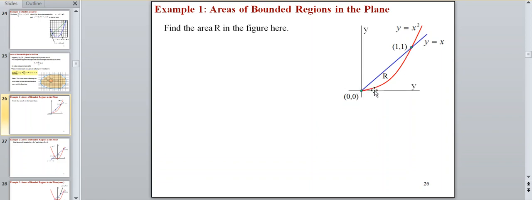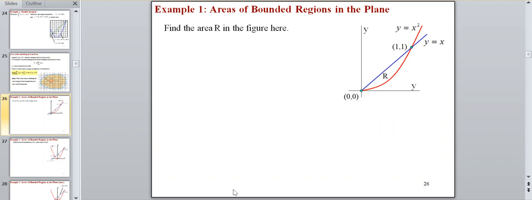So x here is 0, x here is 1. So we can say x is from 0 to 1, and y is from the parabola, which is y equals x squared, to y equals x. So y is from lower curve x squared to upper curve x.